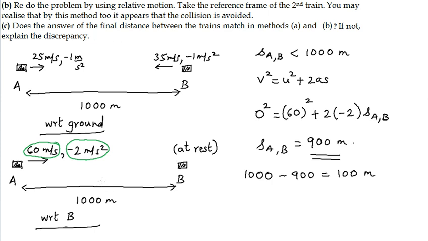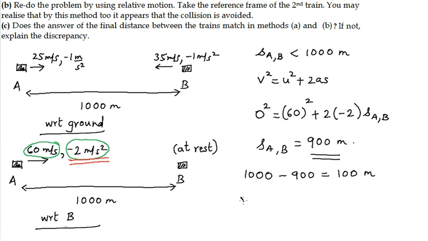We will now resolve this rather surprising situation by showing that we have gone wrong in the second method, and the place where we have gone wrong is by making an assumption that the acceleration of train A with respect to train B is constantly −2 meters per second squared throughout the process. Now let's make a small calculation and find out how long the entire process lasts according to this particular assumption. That calculation is very easy.